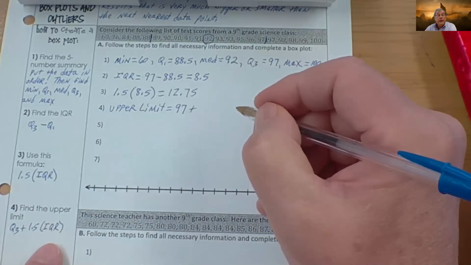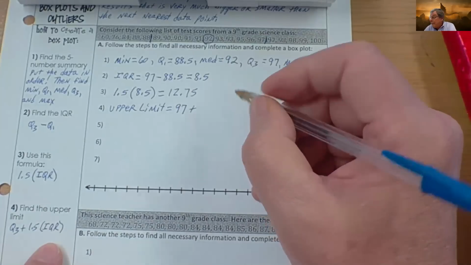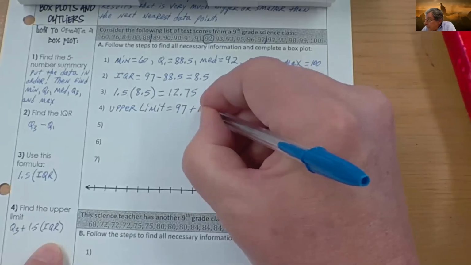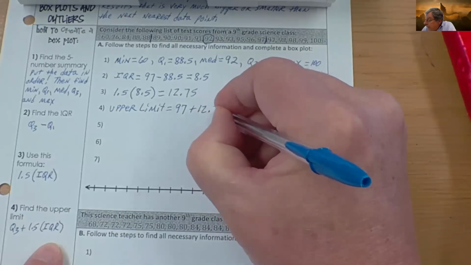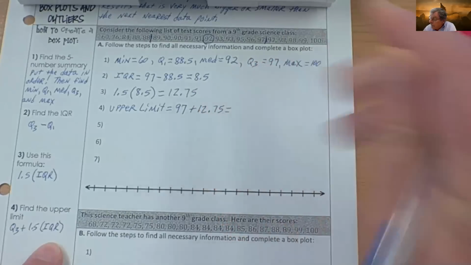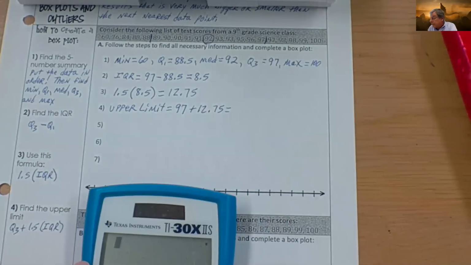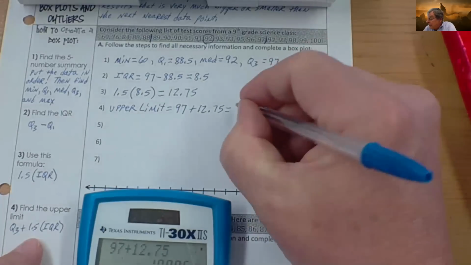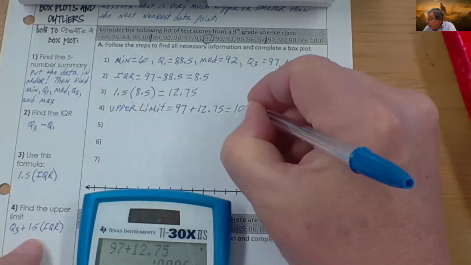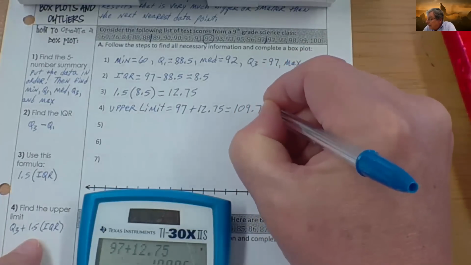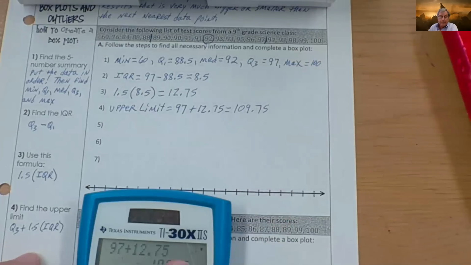See right here, our formula in step 4, and the 1.5 IQRs we just found to be 12.75. Well, if we use our magic box, we have 97 plus 12.75 equals 109.75. There's your upper limit.